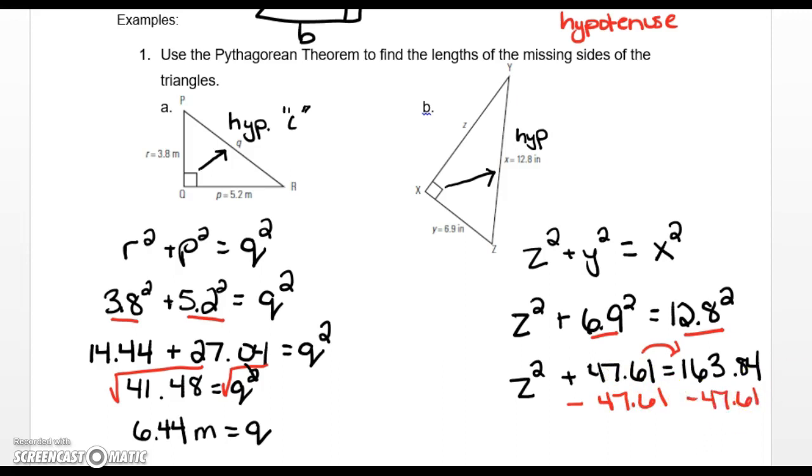So you're going to subtract 47.61 on each side. Then we're left with z squared is equal to 163.84 minus 47.61, which is 116.23.